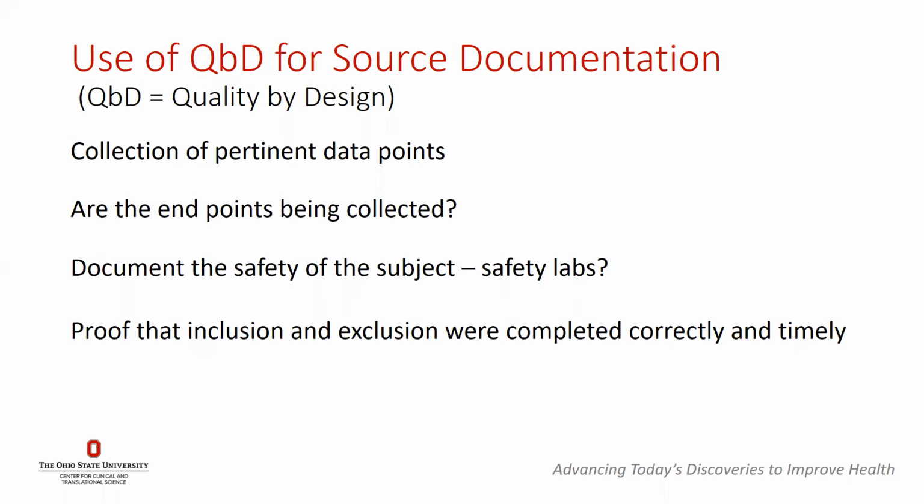When you have one of those visits where a patient comes in and they're here for 2 or 3 hours because they're undergoing all these different assessments, somewhere around 10 different assessments, or there are surveys that they need to take, and you're trying to get that in between the different providers coming in and doing what they need to do, having a checklist as part of your source docs really does help as far as making sure that everything was done, that they got their blood draw, that they did their 6-minute walk test, that they took this survey and that survey and the depression survey, and as you know, the list can go on.